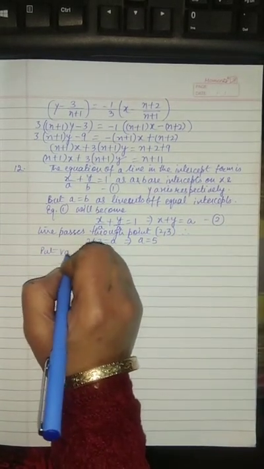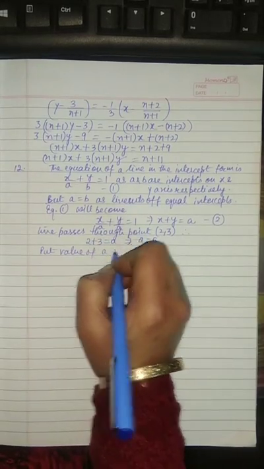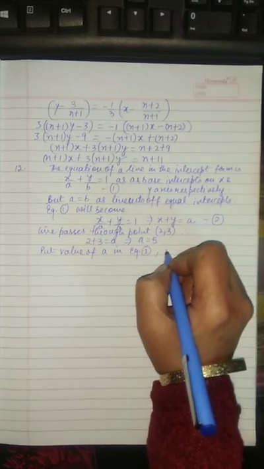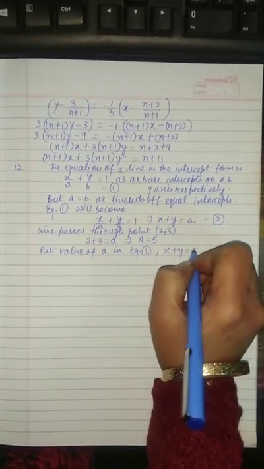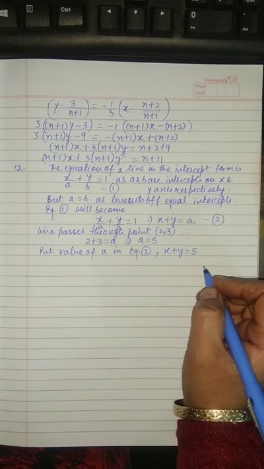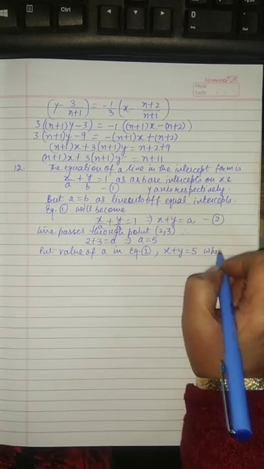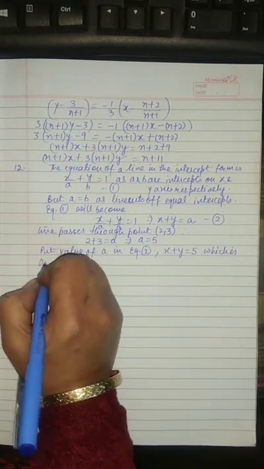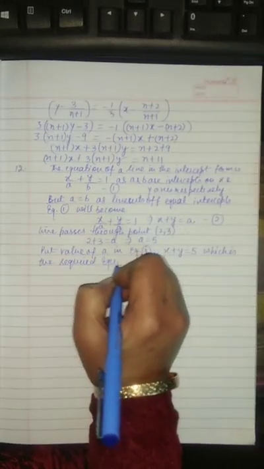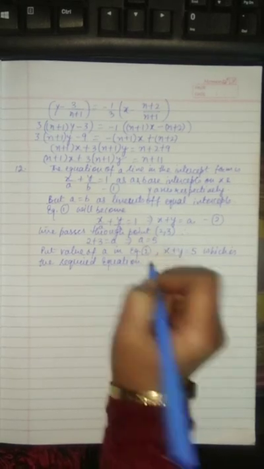We will get x plus y is equal to 5, which is the required equation of the line.